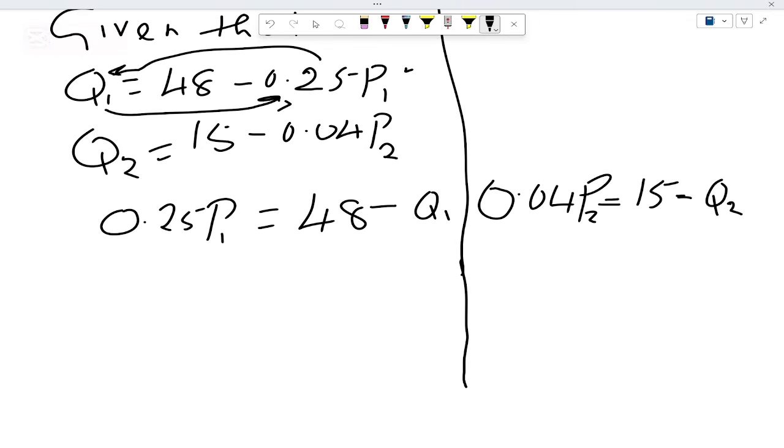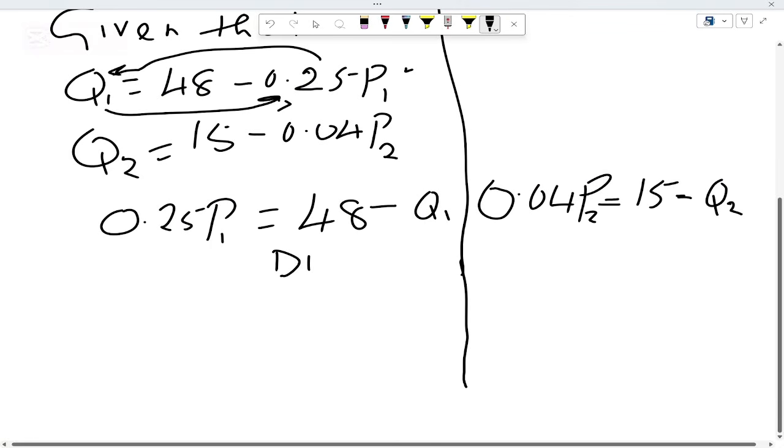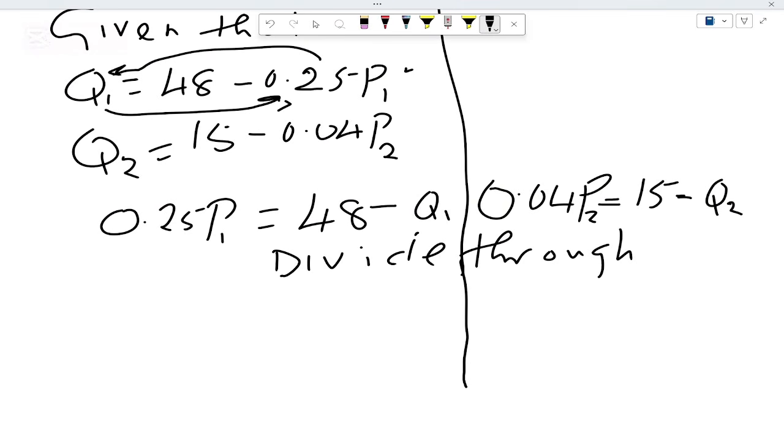Here you can now divide through by the coefficient of P, both P1 and P2.